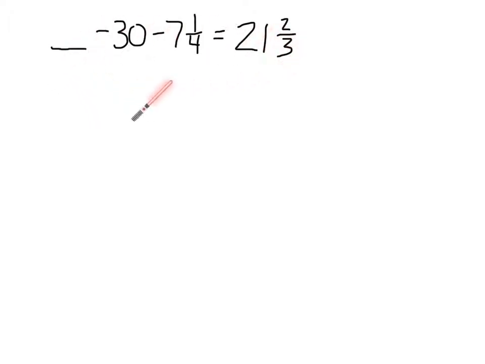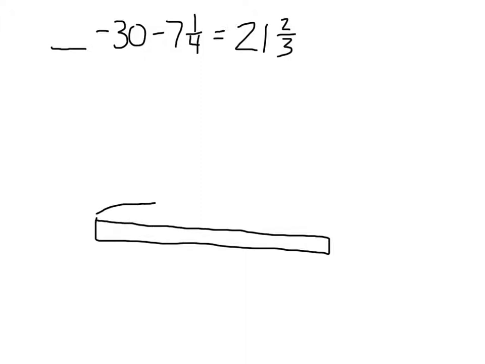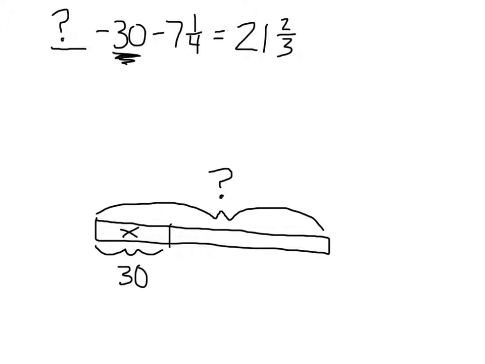Well, our 5th graders won't be surprised that I'm going to go back to the bar model to give me some guidance. So if I have some unknown quantity here, that's my question mark up here, and I take away 30, here's my 30, I'm going to take that piece away, and then I take away 7 1/4.